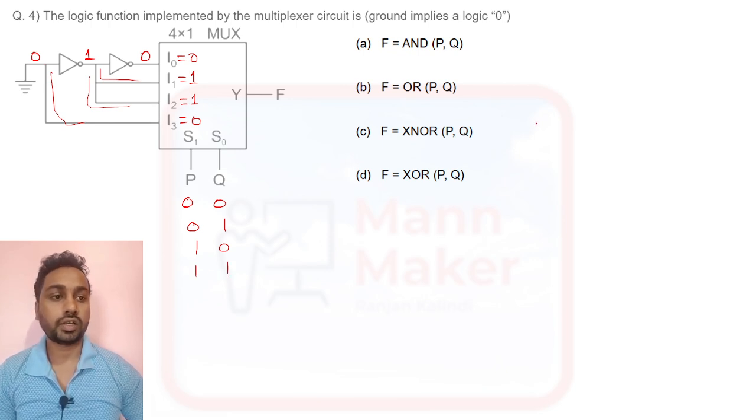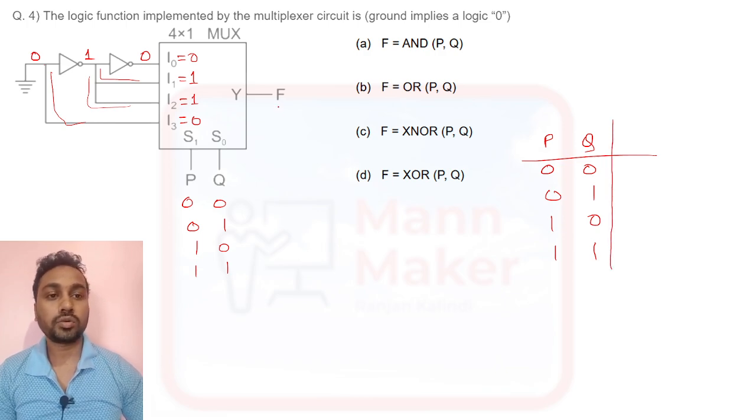The output is F. F will select according to the select line. This is the function of a multiplexer: the output is decided according to the select line condition.